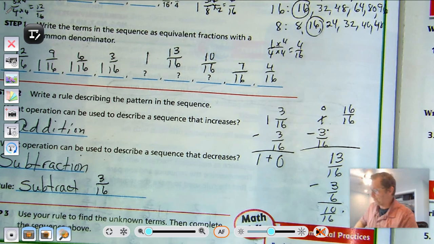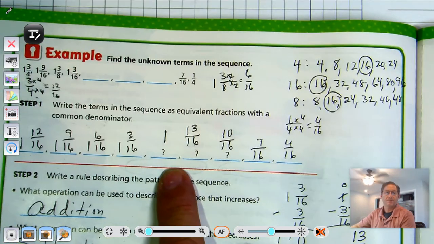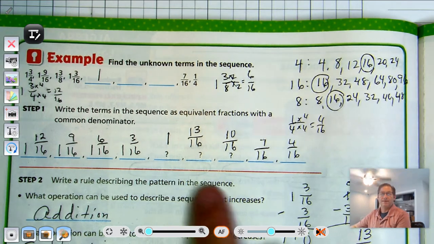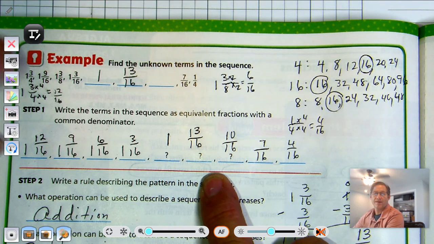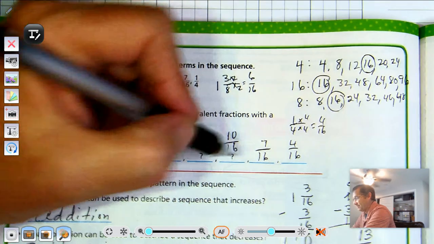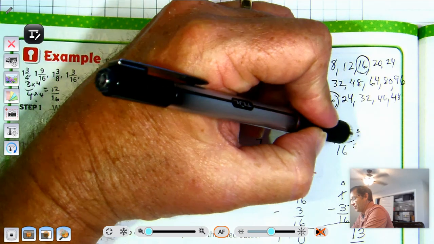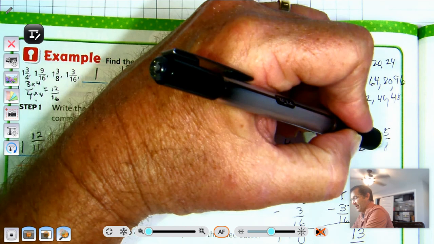All right. Now, how can we rewrite these in simplest form? Well, the 1, we're just going to leave that as 1. 13/16, 13's prime, so I can't rewrite that. But 10/16, I can simplify 10/16 by dividing by 2. And that's going to leave me 5/8.